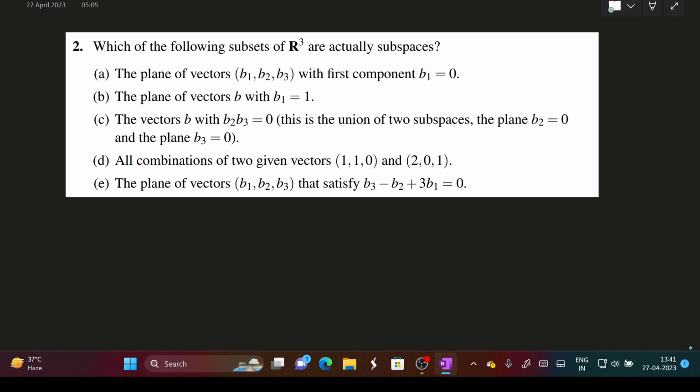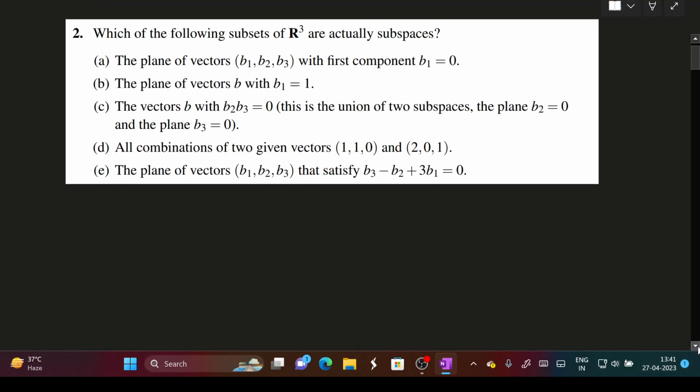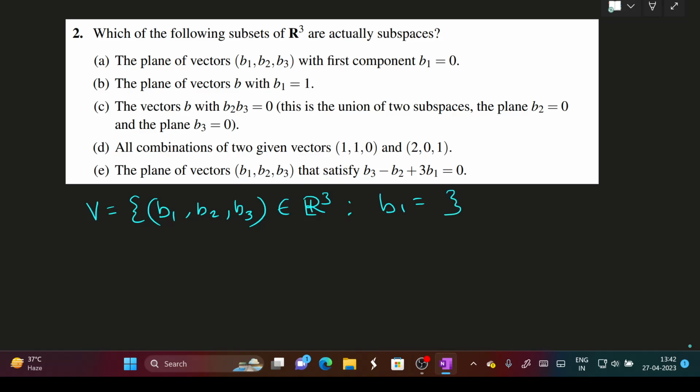So the first question is, which of the following subsets of R^3 are actually subspaces? The first one is V equal to (b1, b2, b3) belonging to R^3 such that b1 is equal to 0.